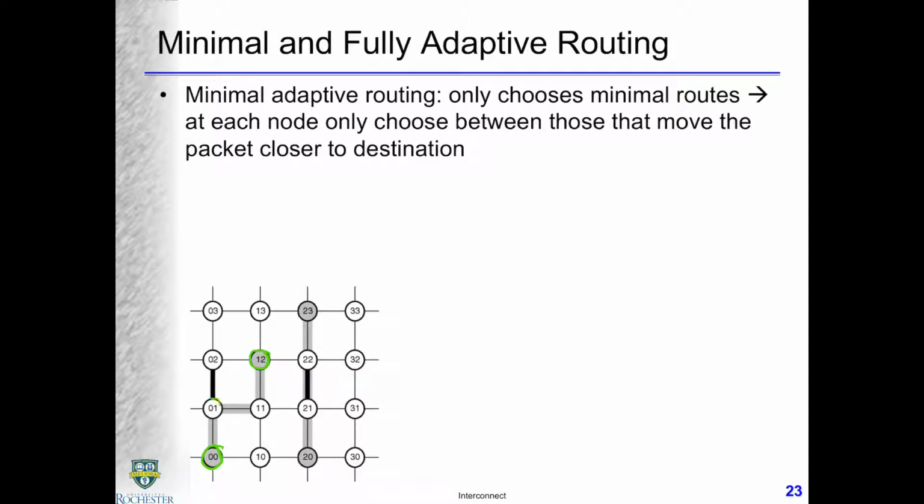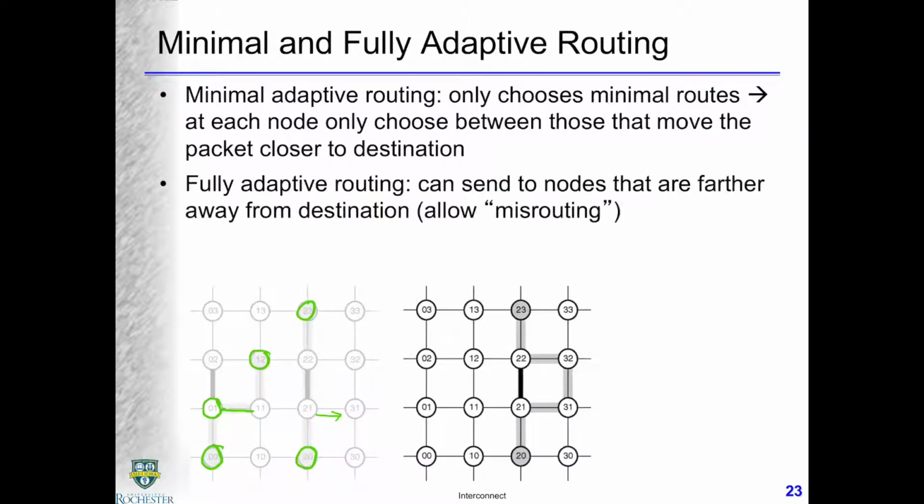At 0,1 we would know to turn right. But minimum adaptive routing would not work for this situation. From 2,0 to go to 2,3, we would not know, because going this way is increasing the distance to the destination. If you allow that to happen, this does seem like a good idea if we have this global view, and this is called fully adaptive routing.